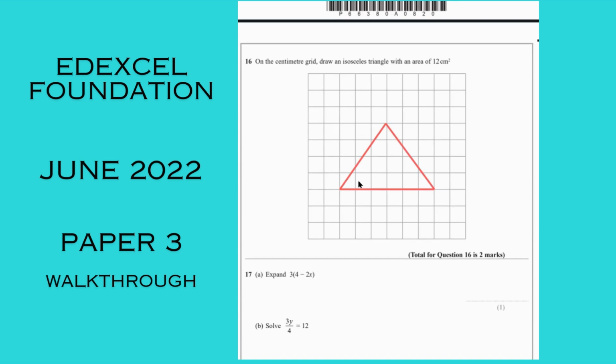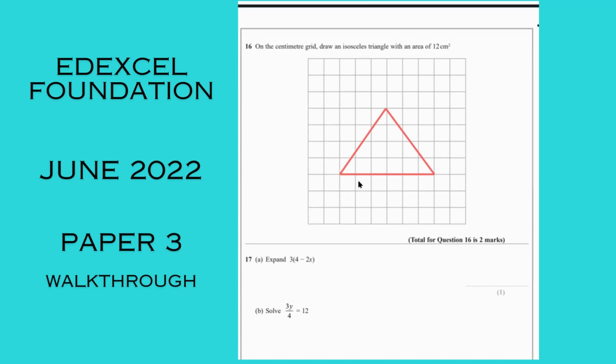Number 16, cheated in advance. So don't forget, when you're choosing, because on screen is only one correct answer, isosceles just means it's got one line of symmetry. And don't forget, the area of a triangle is a half base times height.